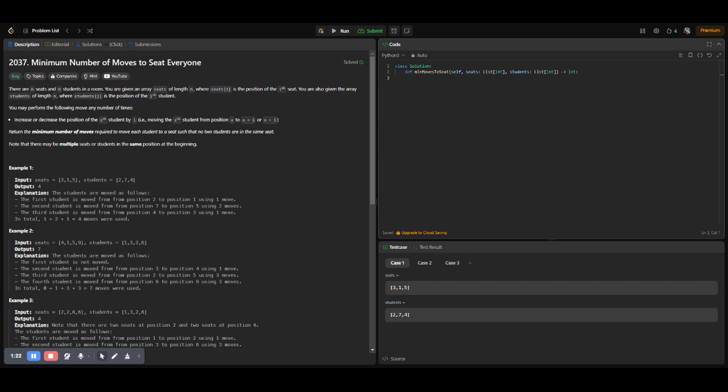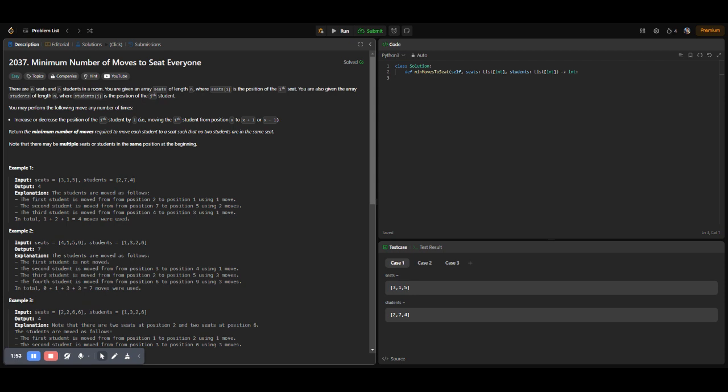You are also given the array students of length n where students[j] is the position of the jth student. First, let's try to understand the first part of the question, then we will go to the further part, what we have to do.